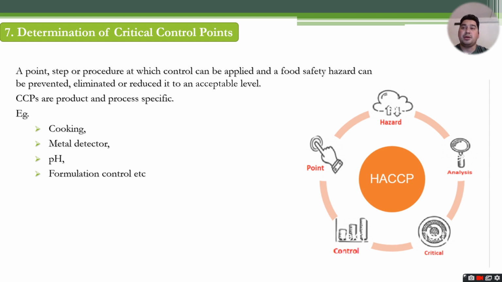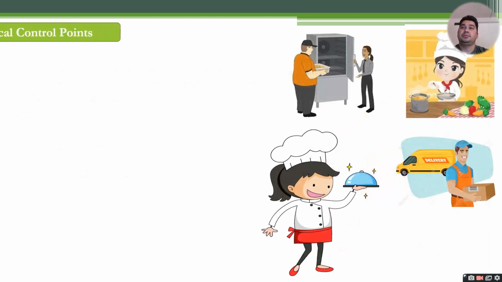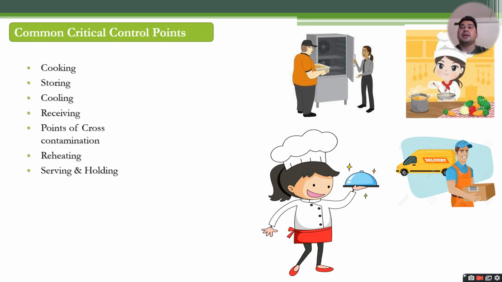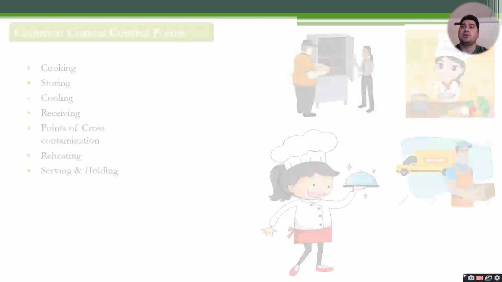Examples: cooking, metal detector, pH, formulation controls, etc. Now, common critical control points. Most businesses use cooking, storing, cooling, receiving, points of cross contamination, reheating, serving, and holding. These are the common critical control points.